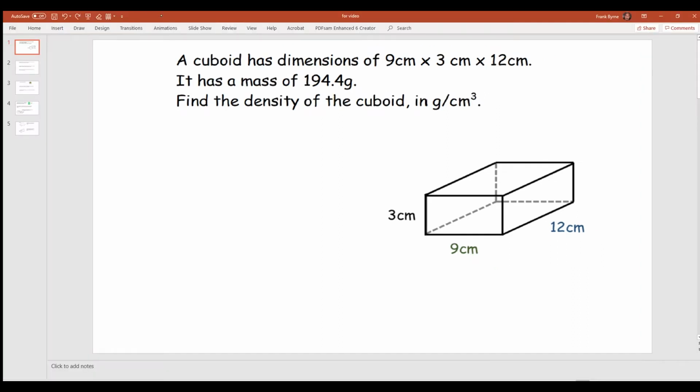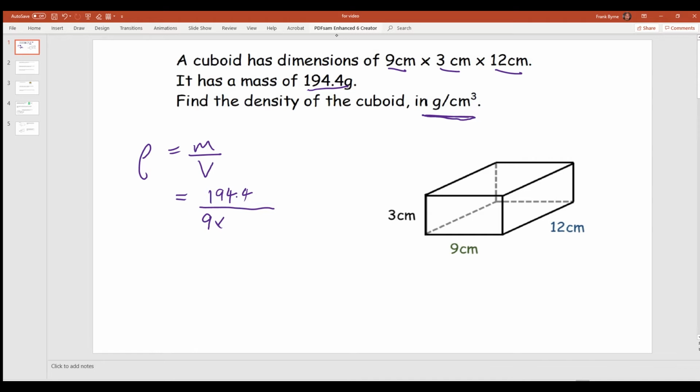A cuboid has dimensions of 9 centimeters, 3 centimeters, and 12 centimeters. It has a mass of 194.4 grams. Find the density in grams per centimeter cubed. Okay, so density equals mass divided by volume, or in symbols, rho equals mass over volume. What is the mass? Well, it's 194.4. And what's the volume? Well, I'm going to change these centimeters into meters, or actually, no, I'm not. I'm going to leave it in centimeters because I want the answer in grams per centimeter cubed.